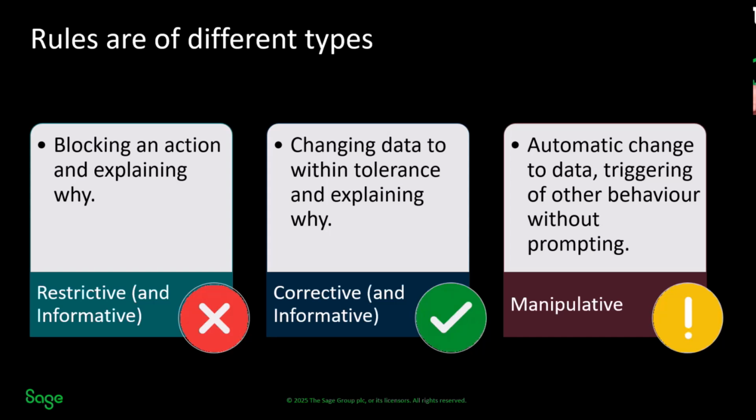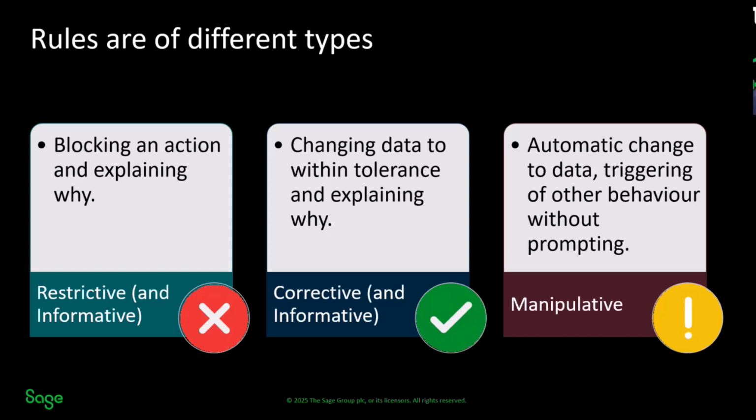So if you reassign a company and their data, so a different user is then working as the account manager for that company, then you could have a rule that will automatically cascade a change throughout the system, which means that all of the opportunities that are still open are reassigned to that user.